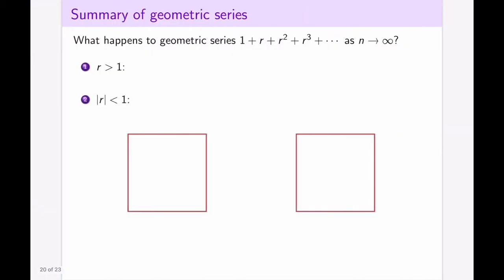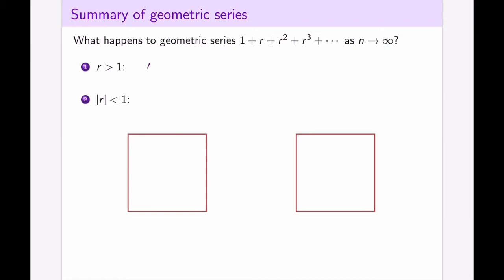Let's just look at the summary of what happens to the geometric series that are, once again, infinite, as the number of terms, in fact, tends to infinity. We have two cases, and for one of them we derive the formula, but I would like to bring it all together to have one big picture in mind.